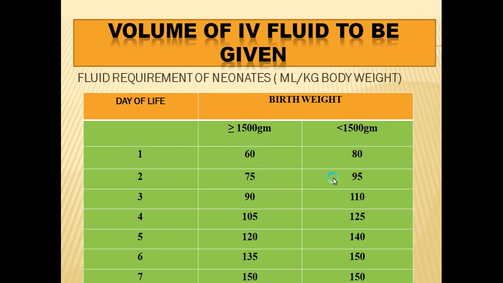Suppose the baby's weight is 1200 grams. So the baby's requirement is 80 ml, so 80 into 1.2. I have given some examples in the subsequent slides, so this will help you to understand.